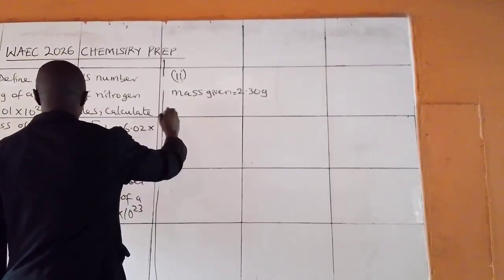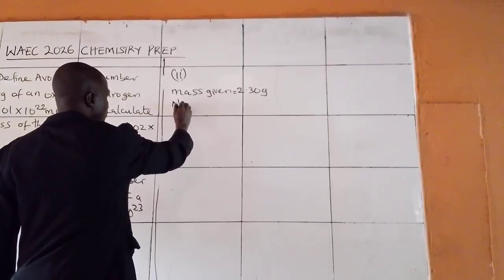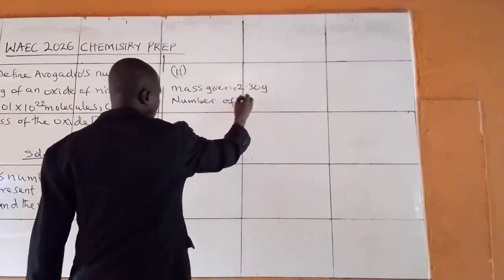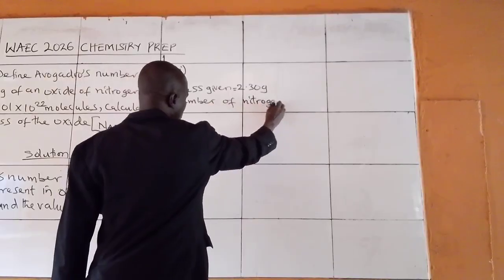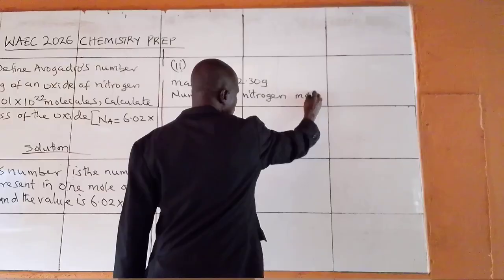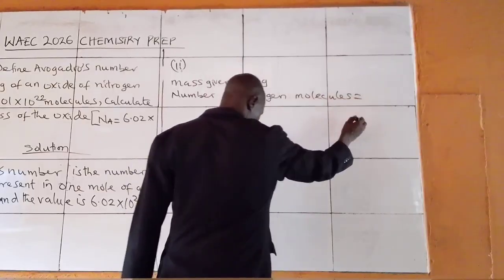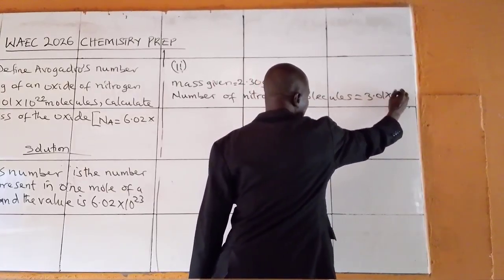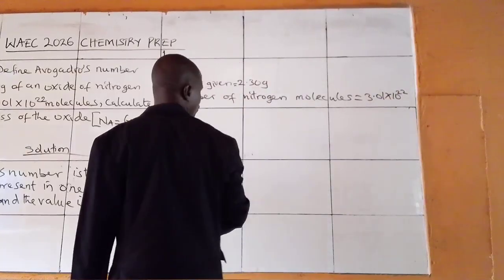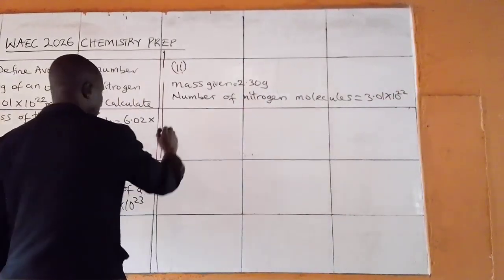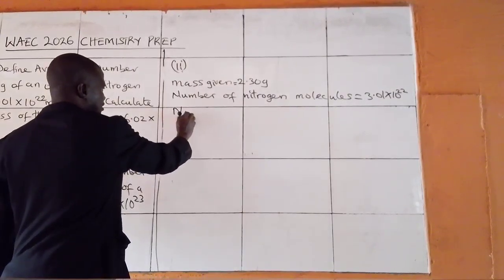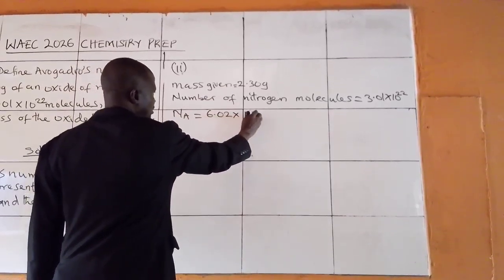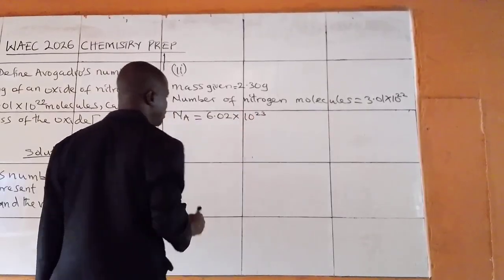Then the number of nitrogen molecules is equal to 3.01 times 10 raised to power of 22. Then Na, which is the Avogadro's number, is equal to 6.02 times 10 raised to power 23.